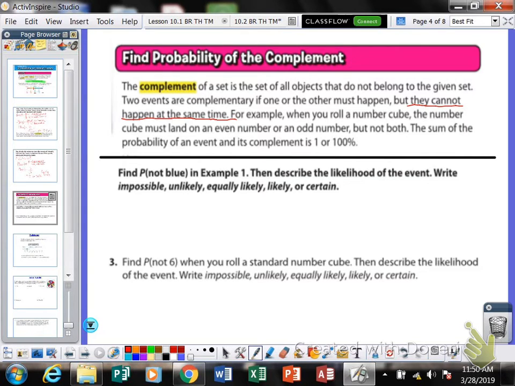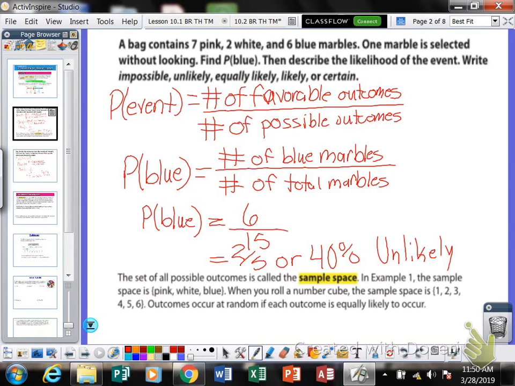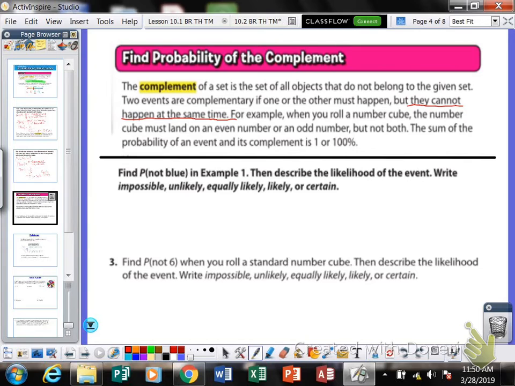Okay, so let's look at 2 examples here. I want to find the probability of not picking a blue marble. So this goes back to our first example. I want to find the probability of not picking a blue marble out of the bag.